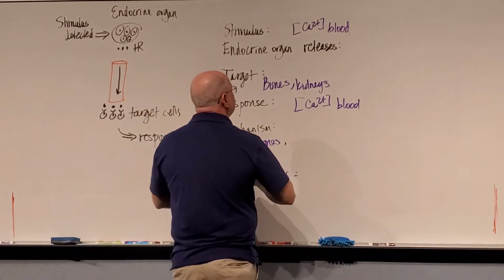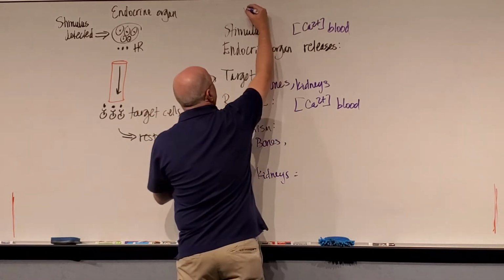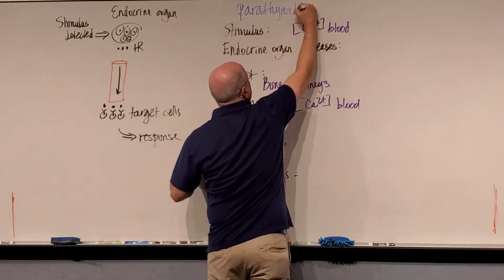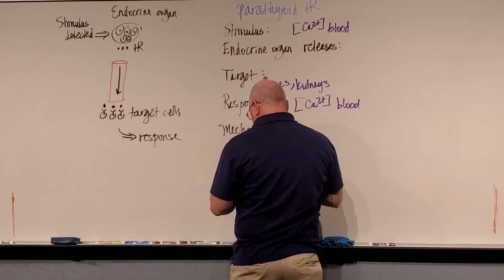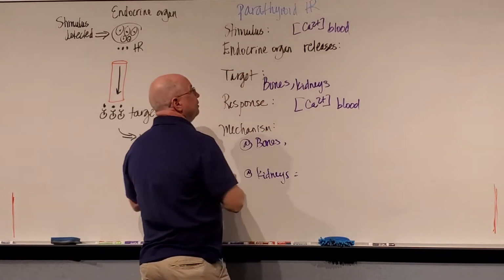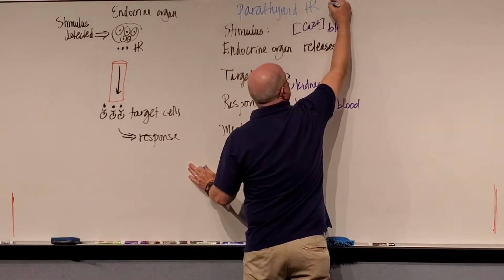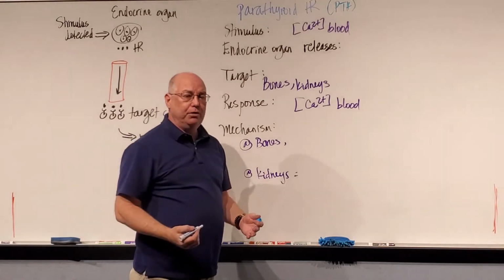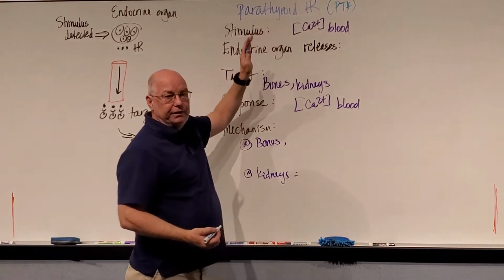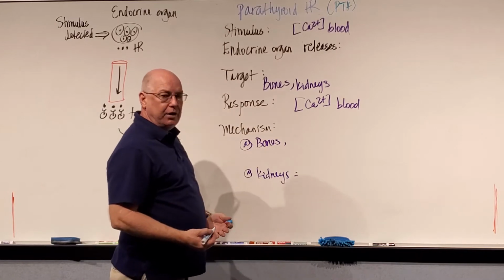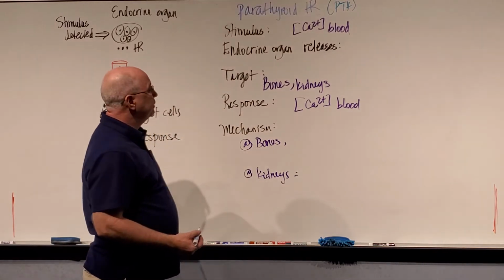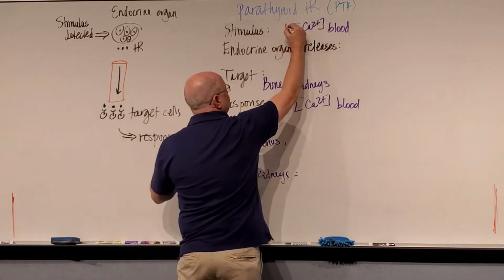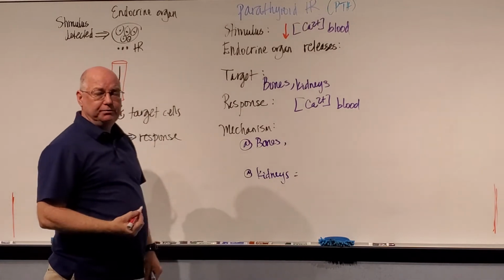So now, for parathyroid hormone, often abbreviated as PTH. And some books actually call it parathormone. They just take the thyroid part out and call it parathormone. Parathyroid hormone, or parathormone, PTH, the stimulus for its release is a low concentration of calcium in the blood.